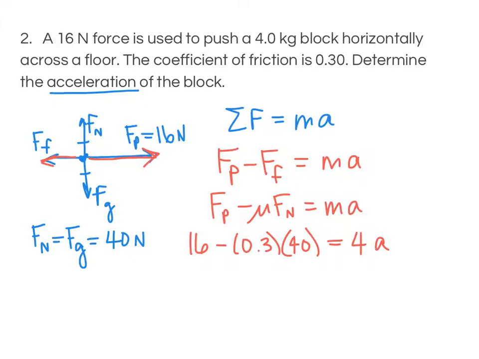Now I'll do a little bit of algebra. 16 minus 12 equals 4 times a, and 16 minus 12 is 4. And so my acceleration is 1 meter per second squared.